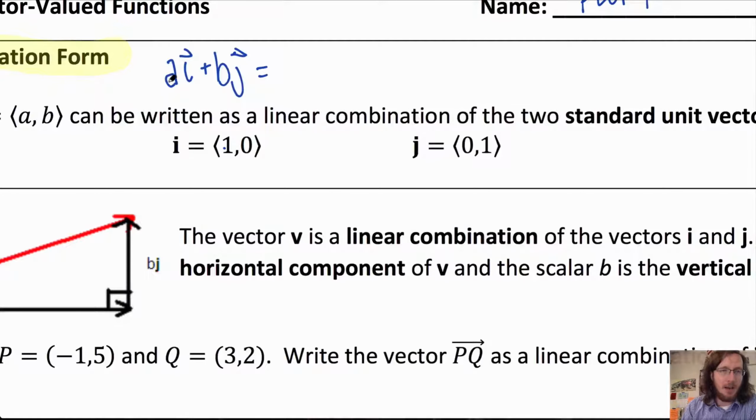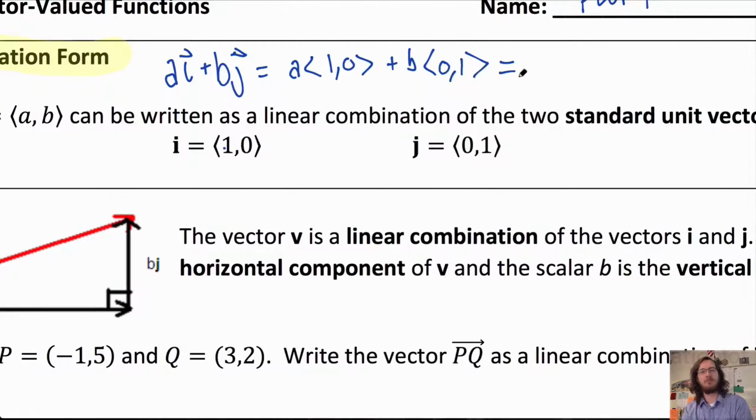If we take that coefficient of i and we replace our vector i with our component form 1, 0, and we replace our vector j with its component form 0, 1, and then we just distribute our a and our b.